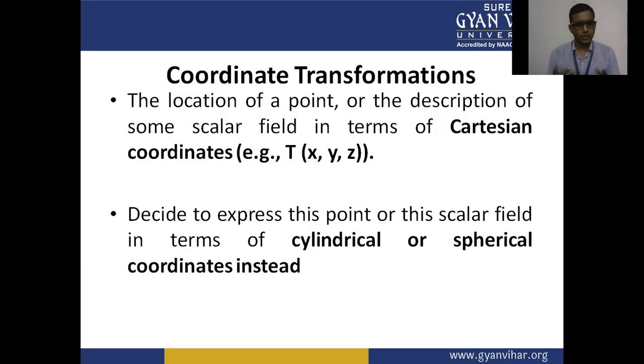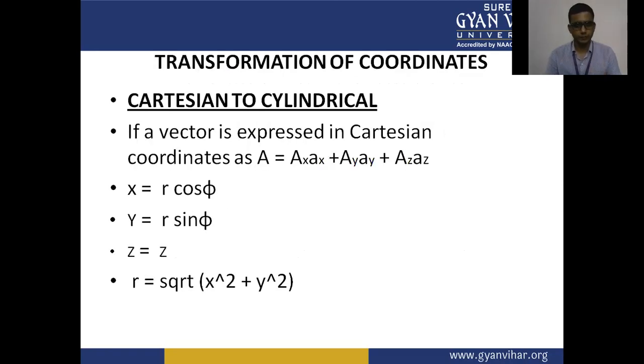So we decide to express this point or scalar field in terms of cylindrical and spherical coordinates. We have different formulas, transformation techniques, or relationships between Cartesian to cylindrical and Cartesian to spherical coordinate systems.